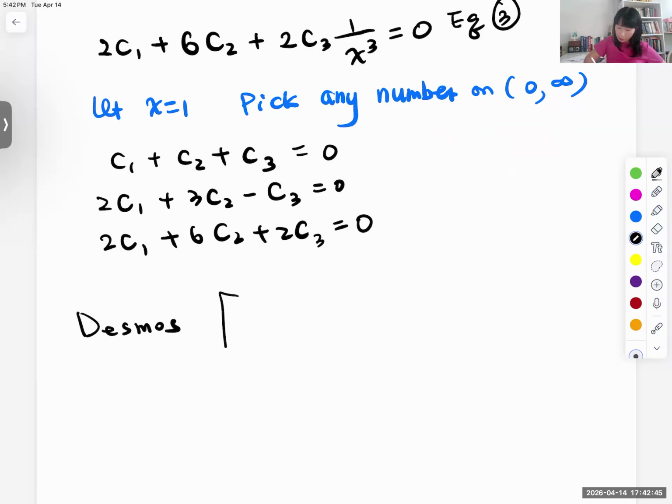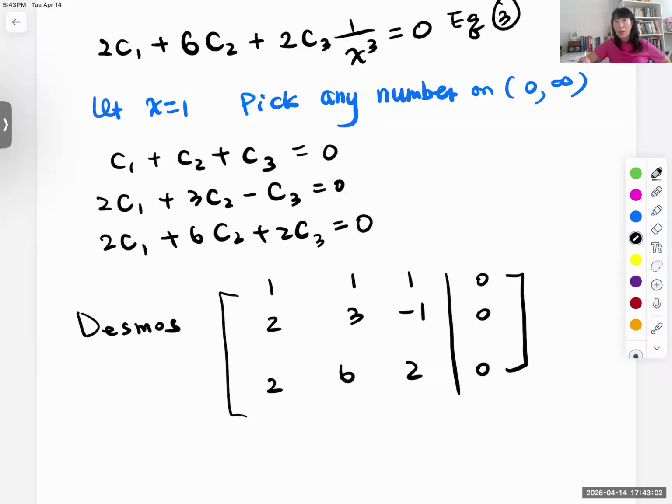So we are using 1, 1, 1, constant term, 2, 3, -1, 2, 6, 2. On the other side we make 0, 0, 0, but in decimals we don't have to type it, so we can omit it.